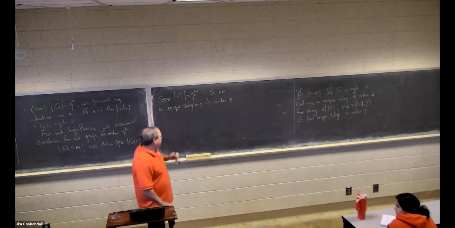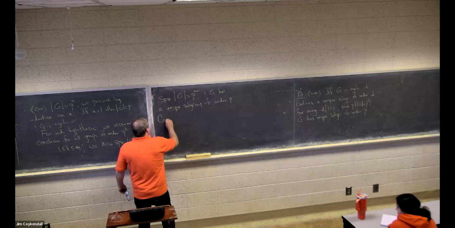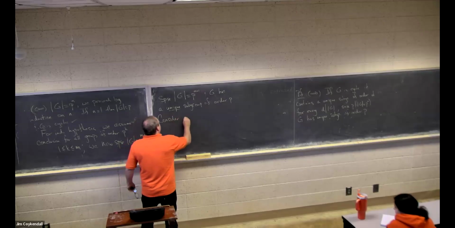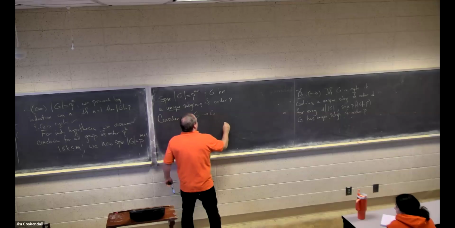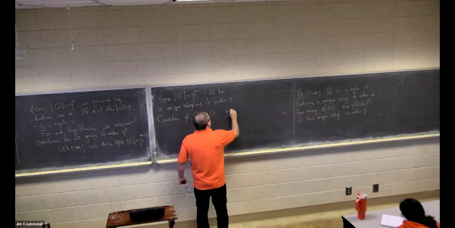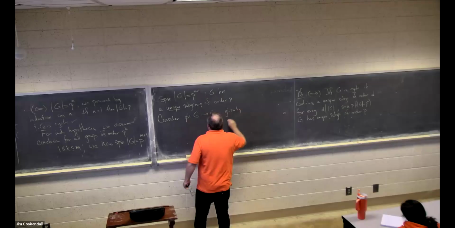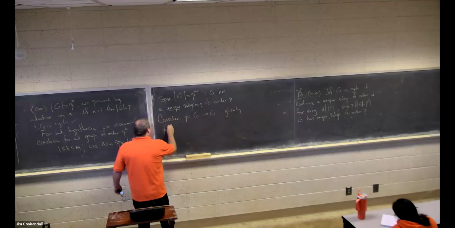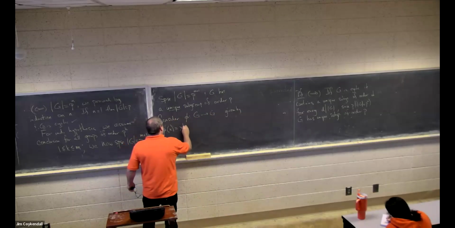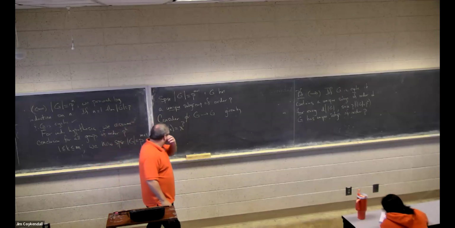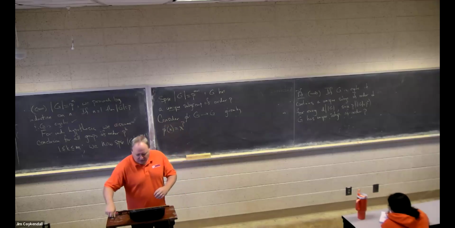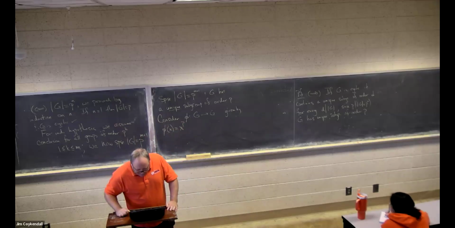Now consider phi from G to G given by phi of x is x to the p power. Phi is a homomorphism.